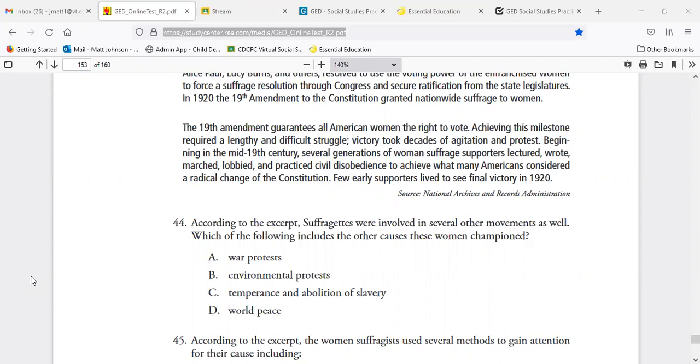Is it C? Yes, C. And here's a question where you can think about the time this is occurring. The women's suffrage movement started in the 1840s. So abolition of slavery was a big issue then, right?